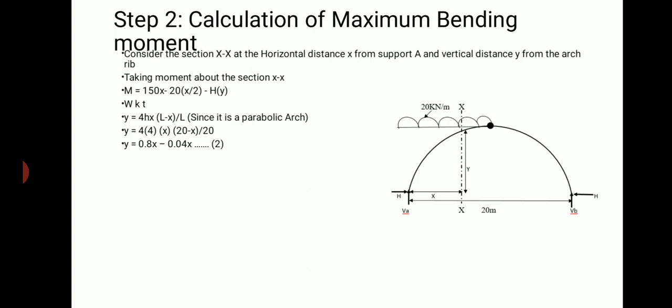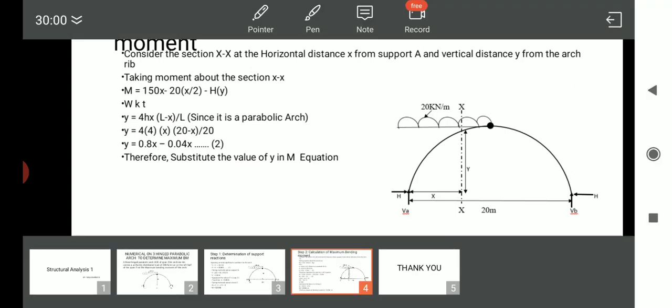Therefore, I substitute the value of y in the equation of MXX.